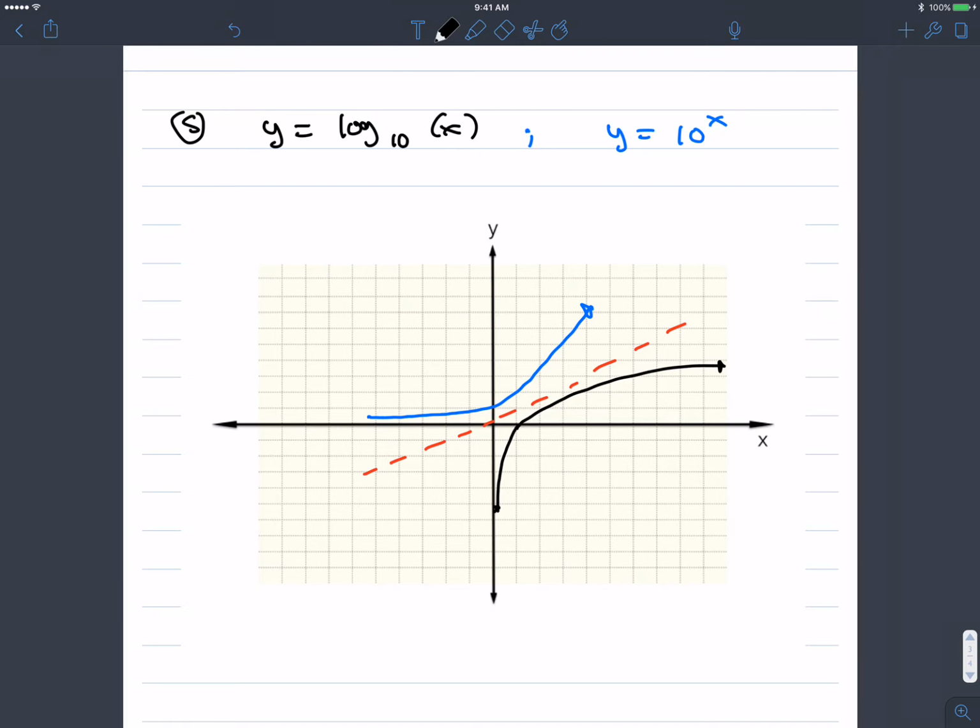This is a common log, by the way. We're just going to sketch this, and let me write it down over here. This is the curve y equals log base 10 of x, and it definitely is not to scale. So we're just going to sketch that, get rid of the framework and the tools needed to sketch this curve, and now we're at log base 10 of x, the common log.